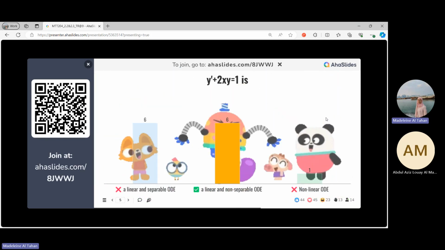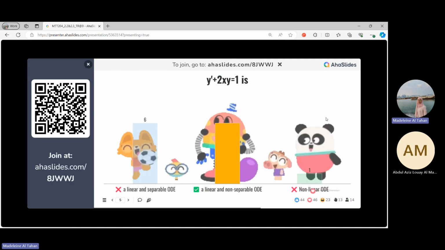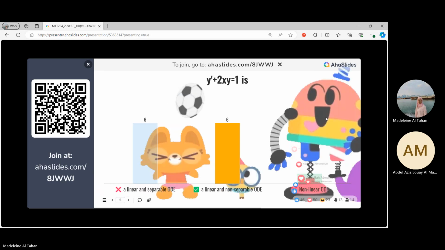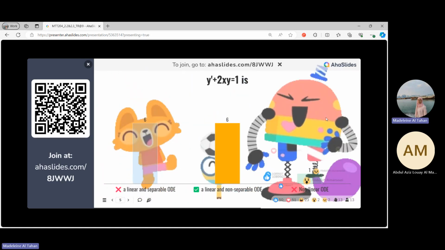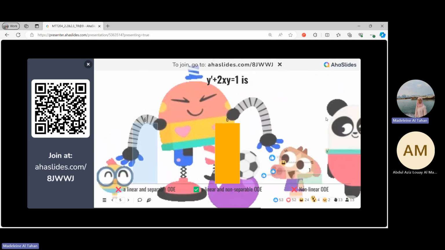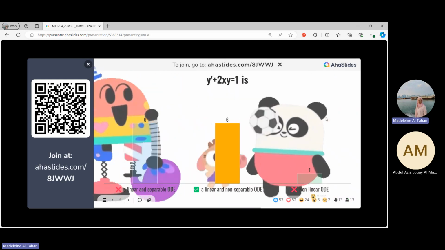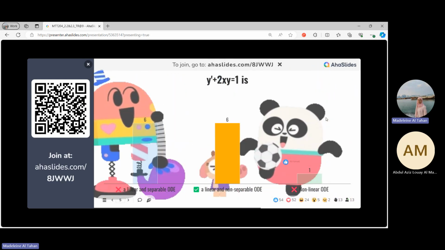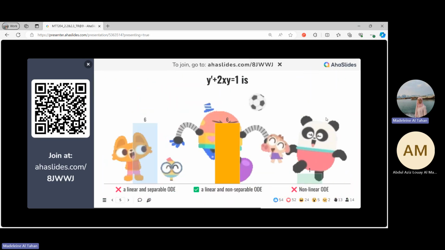Those who chose non-linear. Isn't it the linear standard form, right? What's p in this case? 2x, and what's f? 1. So all of us agree that it's linear. Now, to be separable, you should separate: y prime equals 1 minus 2xy. Are we able to separate something in x and something in y for the 1 minus 2xy? Are we able? So it's not separable.